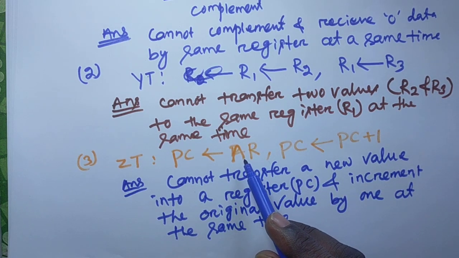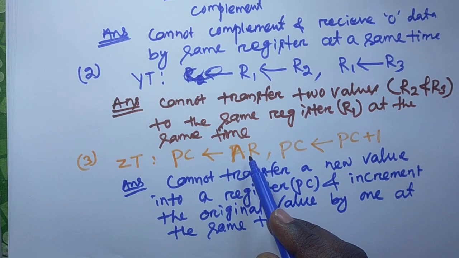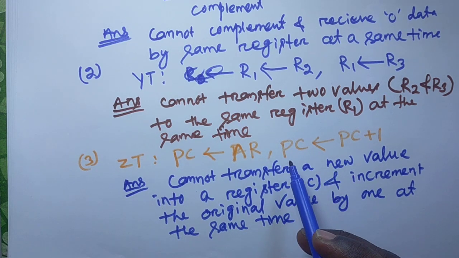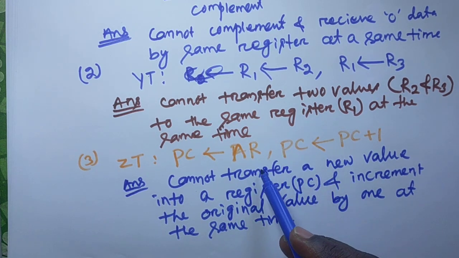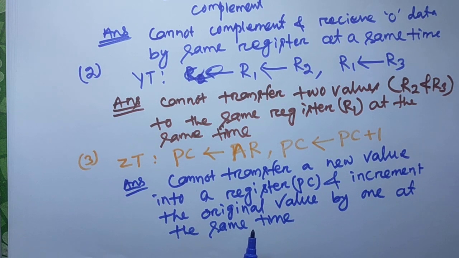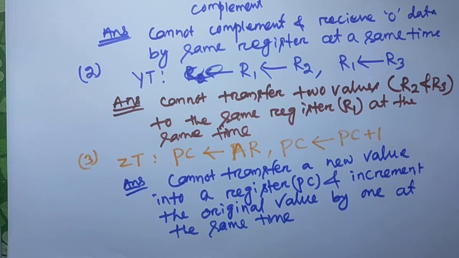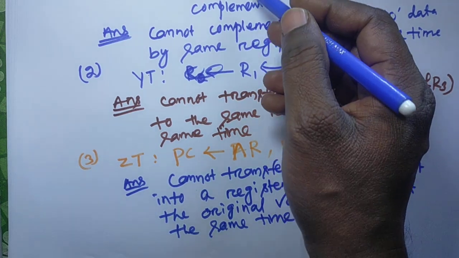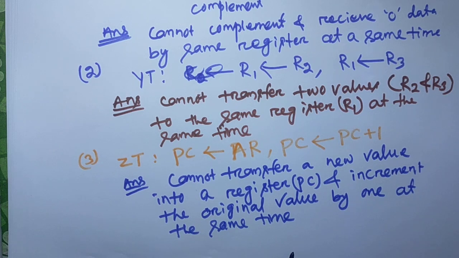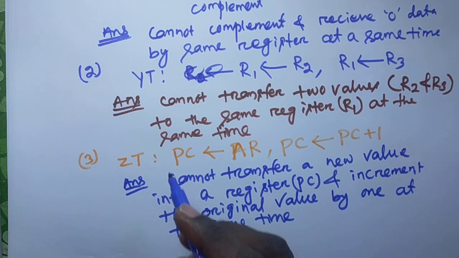If it is one register and one statement, it's okay, no problem. But at the same time increment the original value, whatever the original value is, it cannot be incremented by 1 at the same time. So this is the answer. If these three questions are given like this, this is the answer as per these different questions.